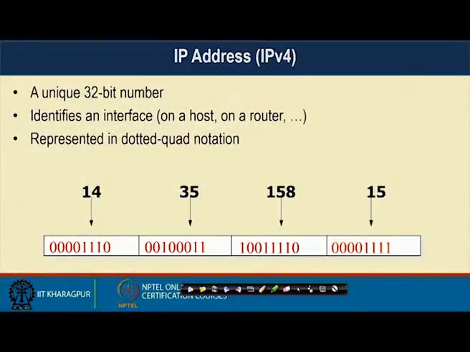Uniquely, it identifies an interface on a host or on a router, that is, the interface where the network is connected, and it is represented by dotted quad notation, right. This is a known fact, and everything in the system is represented in binary. So, if it is 14, 35, 158, 15, it is represented in binary like this, right.